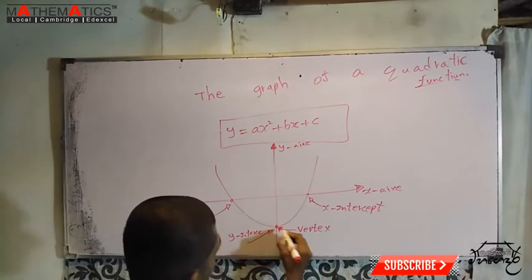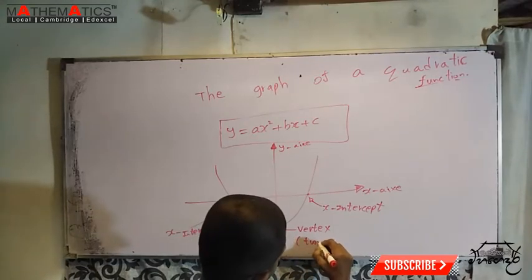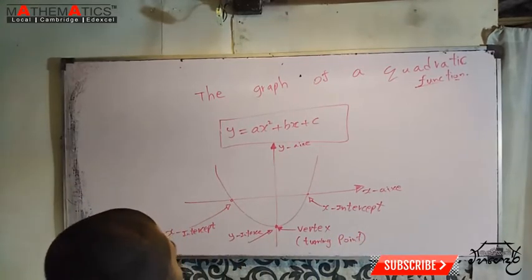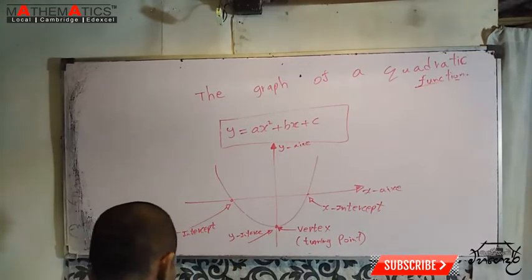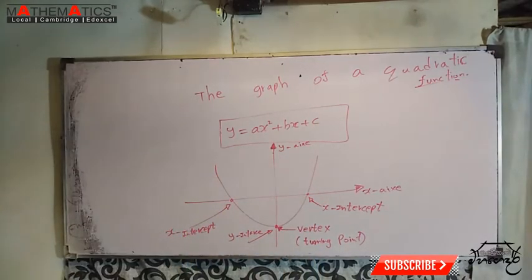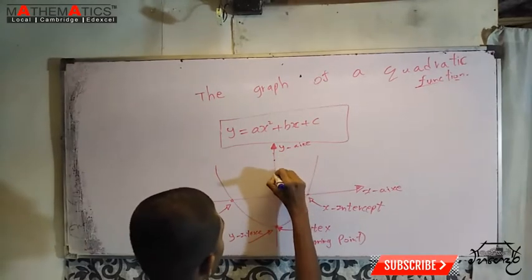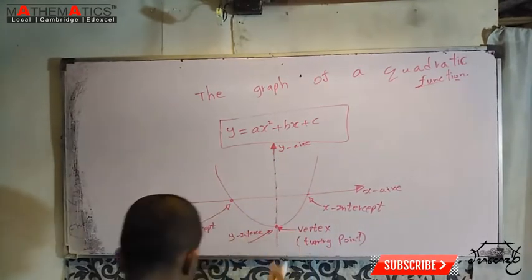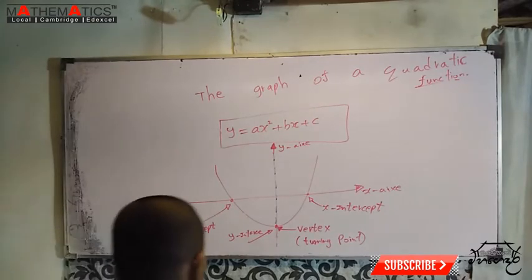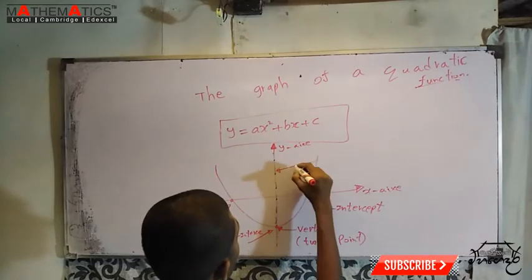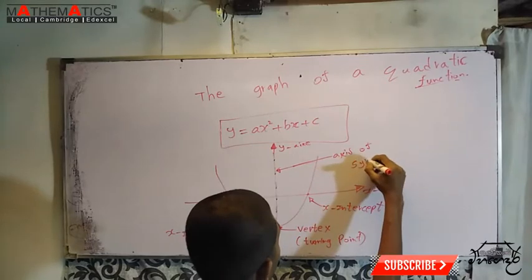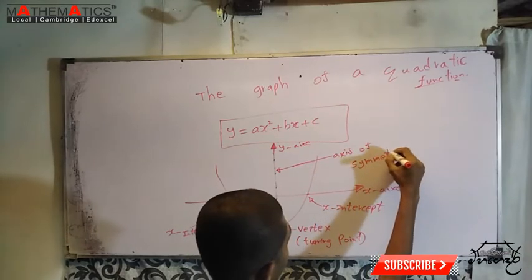It is a turning point. It also has a dividing line, which we know as the axis of symmetry.